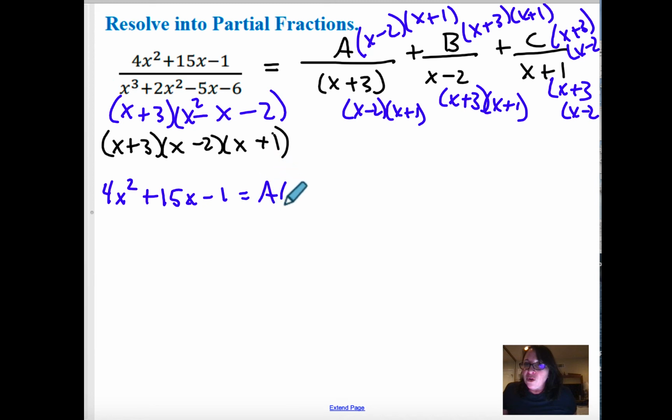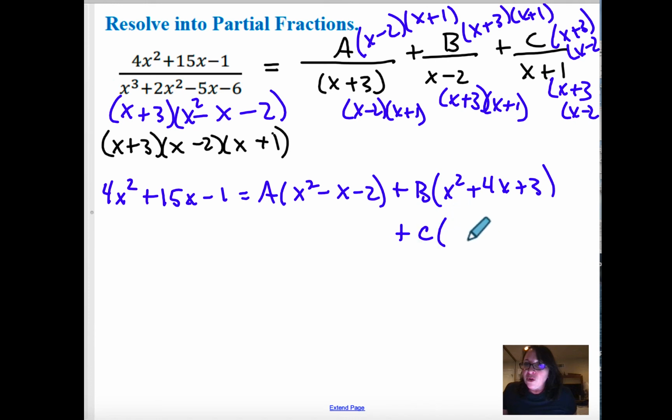So we've got a times x squared plus x minus 2x, which is minus x, is that right? Minus x minus 2. And then the b will be times x squared plus 1 plus 3, which is plus 4x, and then plus 3. And then the c will be plus c times x squared plus x, and then minus 6.